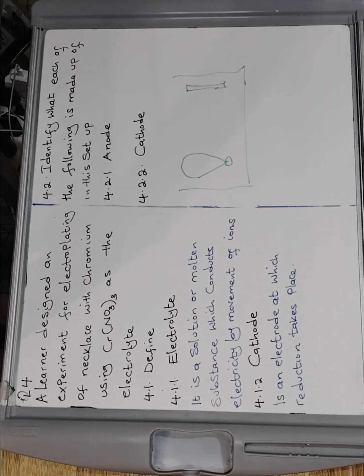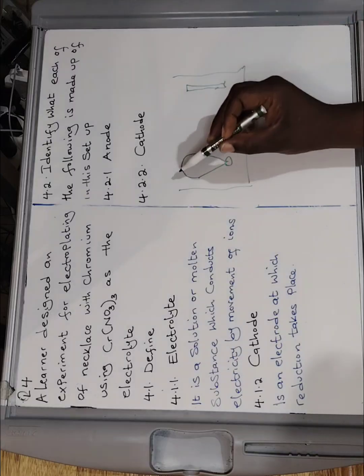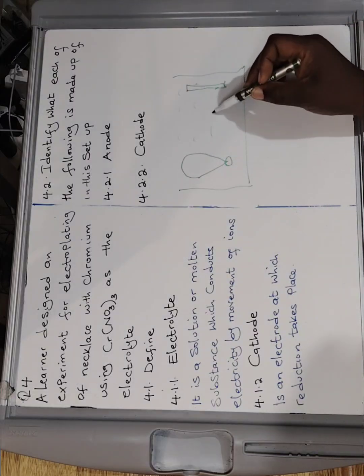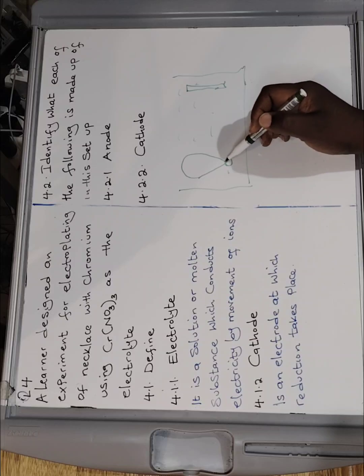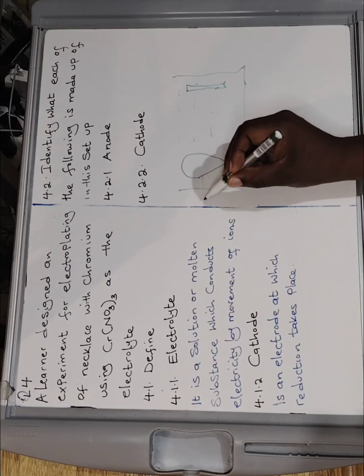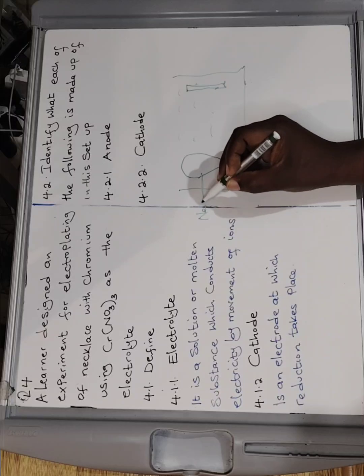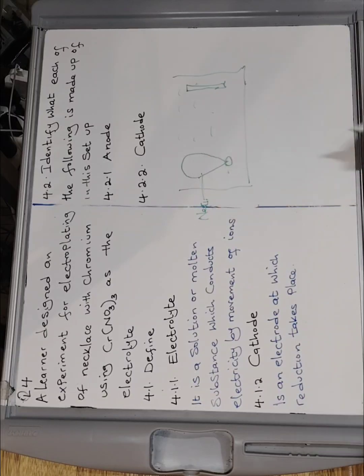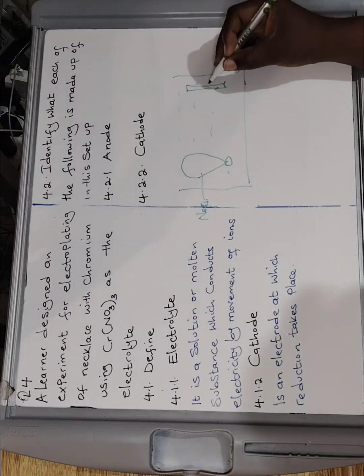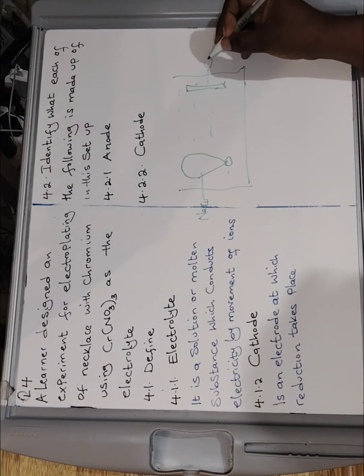So there are some basic principles which must be understood about electroplating. The principles are that if you want to electroplate this necklace with chromium, this one must be chromium.